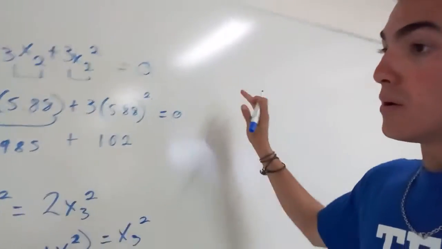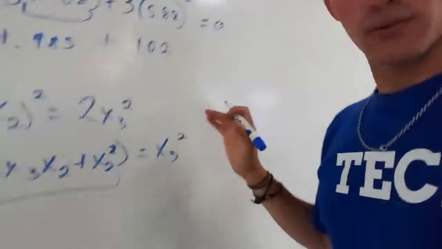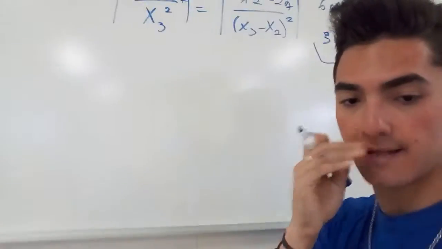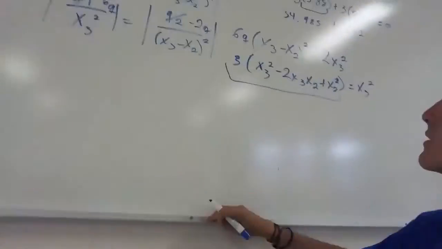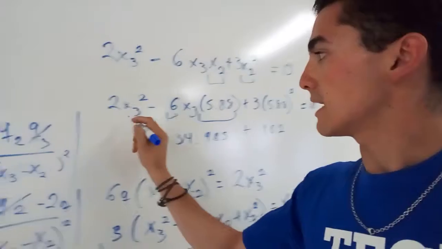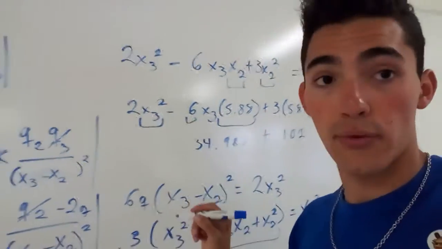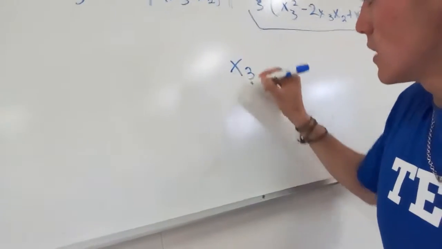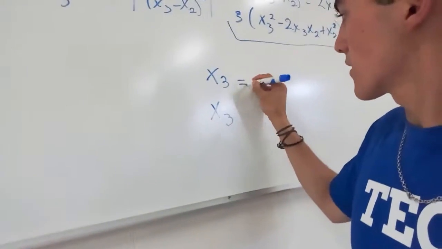Once we know this, we can solve here. The only missing variable that we want is x3, and so we can solve it, and we will obtain two values for x3.